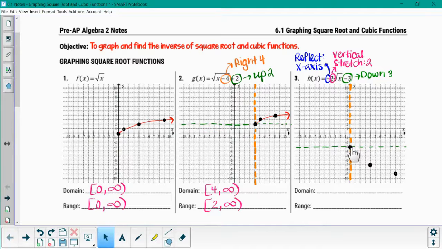Now for my point (4, 2), I went (4, -4), and then for my point (9, 3), I went (9, -6). So now I have my curve, and my domain is going to be from 0 to infinity, and my range is going to be from -infinity all the way up to -3.